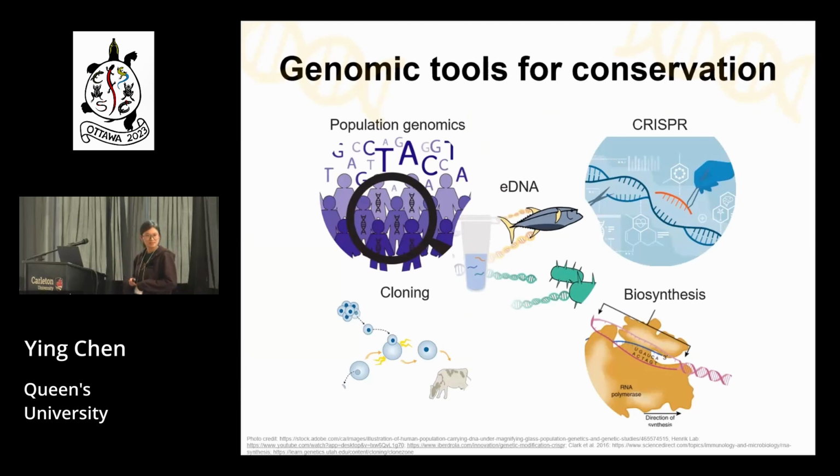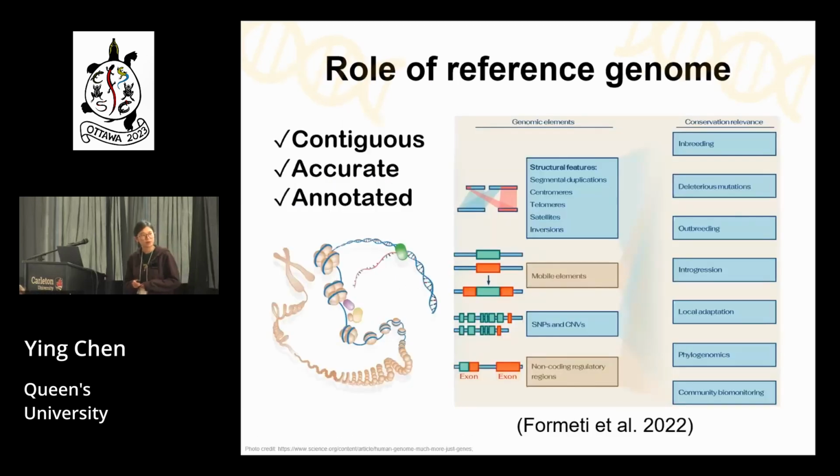And some reproductive technologies include cryopreservation and cloning, and biosynthesis tools that can be used to help wildlife fight diseases. And another super powerful genomic tool is having a contiguous, accurate, and annotated reference genome.